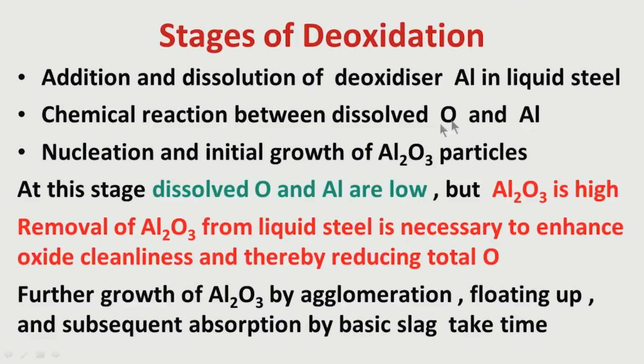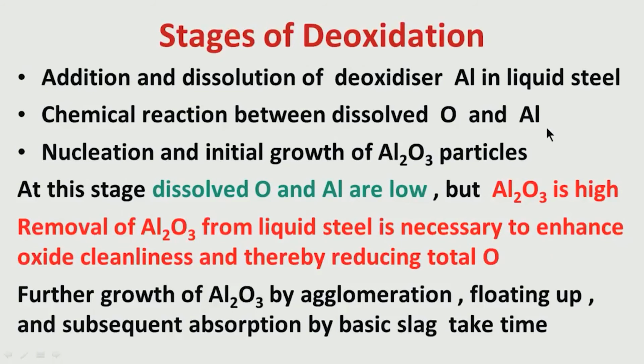Then the chemical reaction will take place between dissolved oxygen and dissolved aluminum or dissolved silicon or dissolved calcium. How the reaction takes place, I have already mentioned in earlier slides. So, after adding and dissolution, the next stage is chemical reaction between dissolved oxygen and dissolved aluminum.